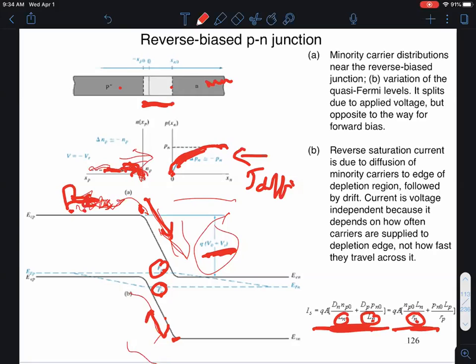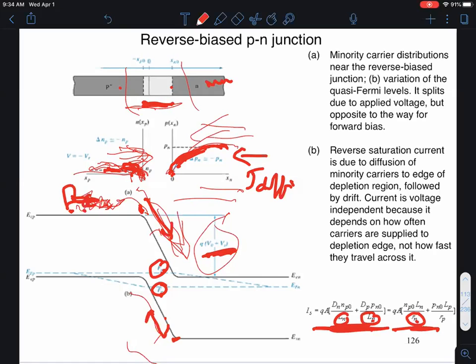So in reverse bias, you have a supply of carriers to the edge of the depletion region via diffusion, followed by drift, the supply limited drift current, and same on this side, okay? And these currents are independent of voltage, because as you increase the reverse bias, all that happens is the depletion region expands more and more, and the point where the carrier concentration profiles are pulled down to zero gets moved out either way, but the rate at which they go down stays the same.